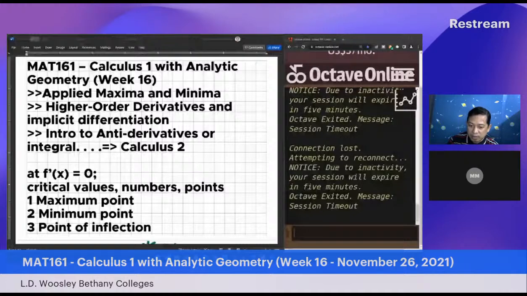Kasi mahaba, actually, yung worded problem ko mahaba. Okay, bibigyan kita ng kukunti lang, kasi there are many problems here on my end.